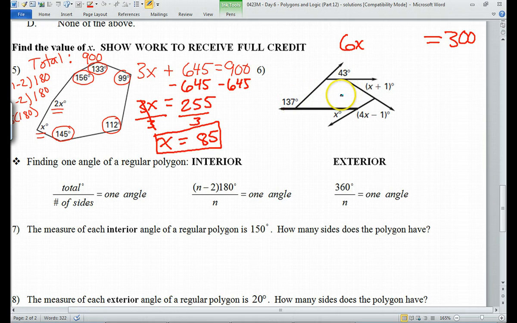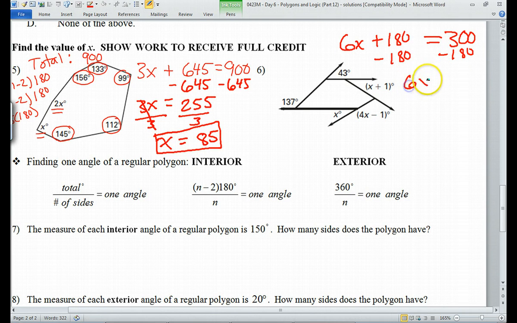Now, as far as the constants, I have 137 plus 43. Now the plus 1 minus 1, those are just going to cancel each other out. So that makes 180 as far as the constants. So I have 6x plus 180. Let's subtract 180 from both sides.